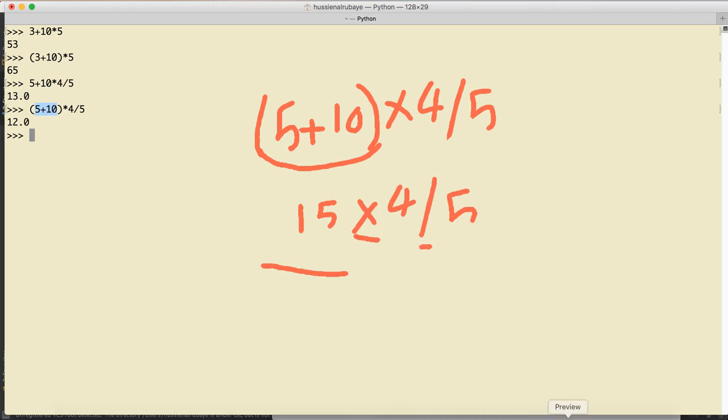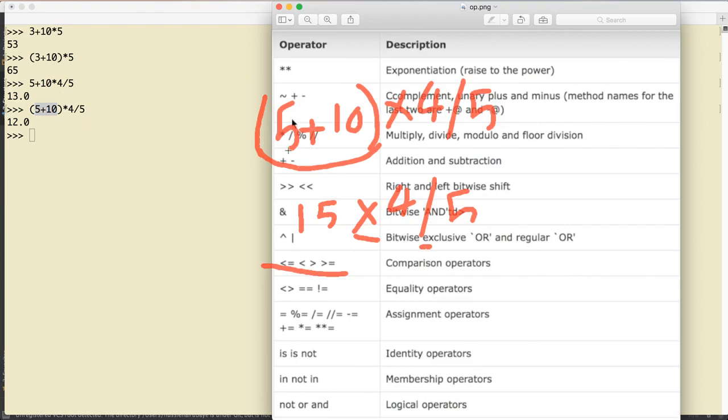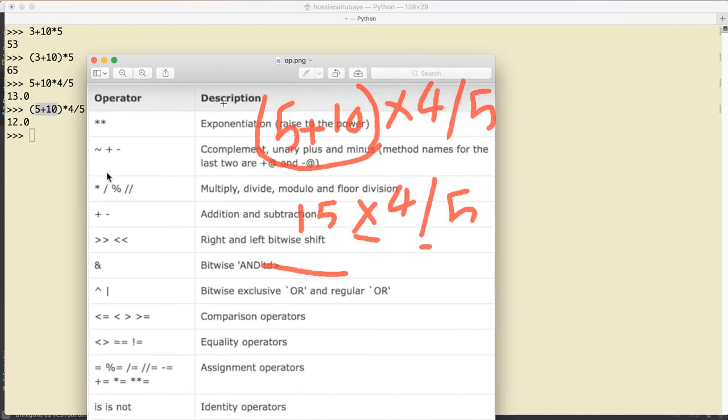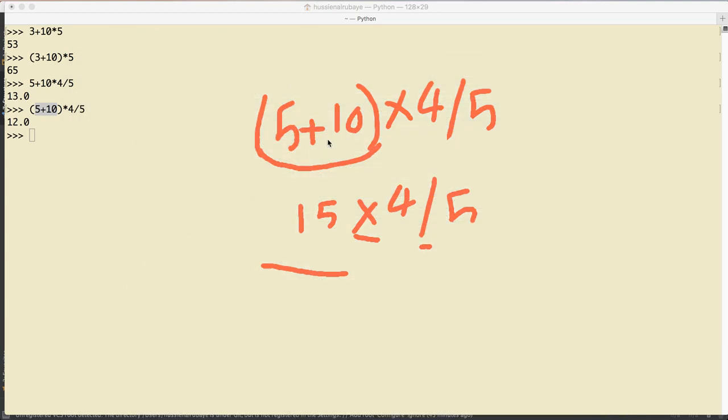If you go to the table, you see multiplication and division are in the same order. Because they are in the same order, they will be run from left to right. So the one on the left will be run first. So you run this one first. 15 times 4 is 60. Then 60, when divided by 5, how much will it give you? It will give you 12.